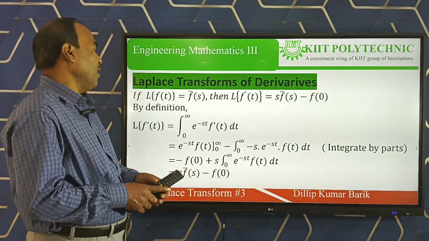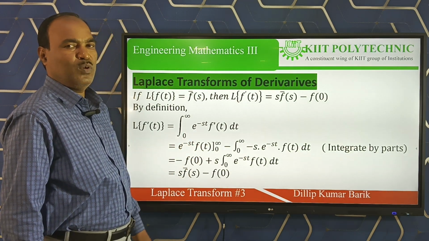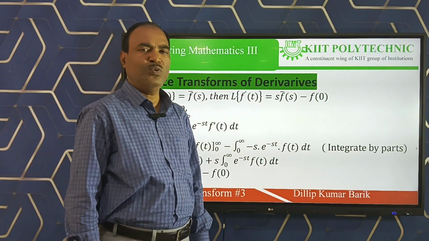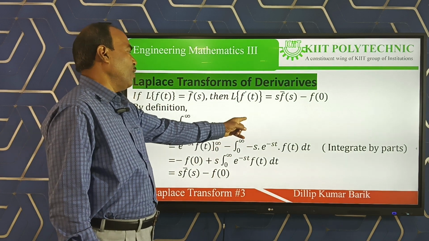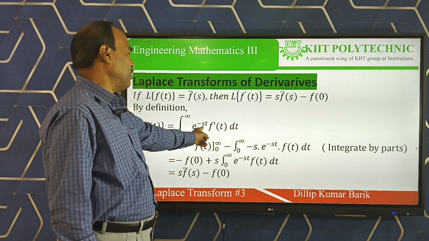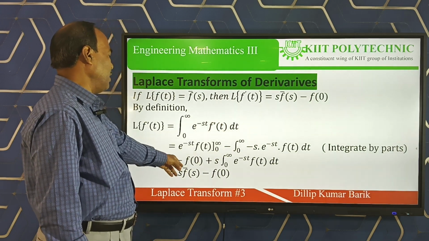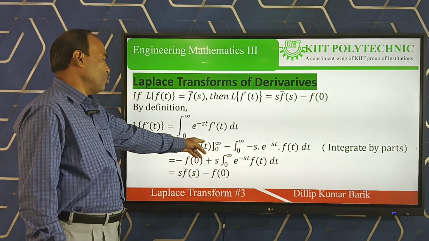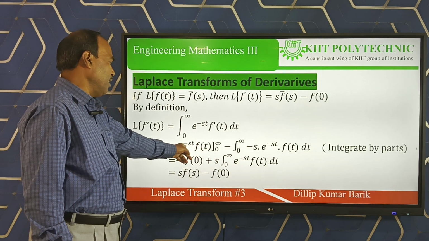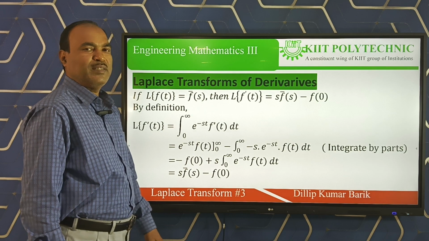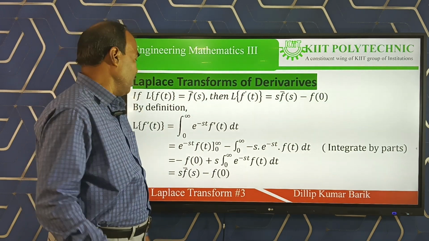By definition, the derivative of e to the power minus st by chain rule is e to the power minus st into its constant t variable, minus s, into f(t). f(t) means the integration of f dash t is f(t) over limit 0 to infinity. So let us simplify, and after simplification, if I put lower limit 0 and upper limit infinity, clearly e to the power minus infinity we know is always 0.